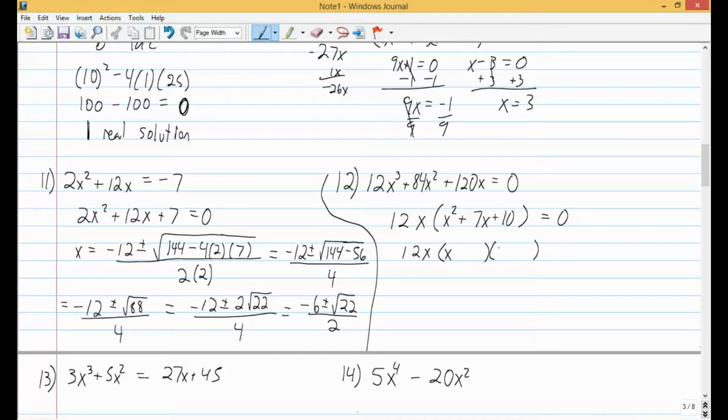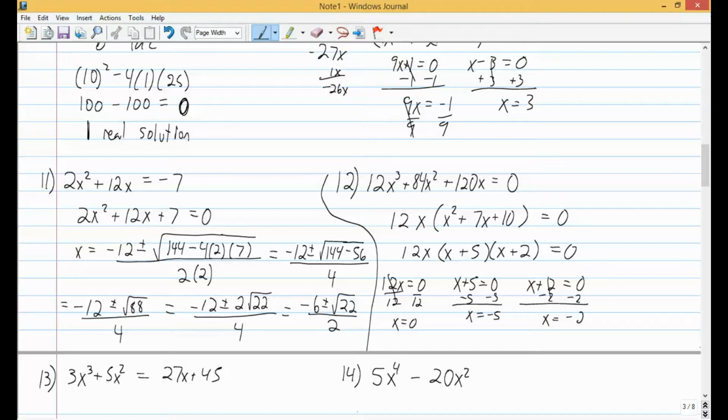That'll factor x plus 5, x plus 2. Now set each factor equal to 0 and solve. So I get x equals 0, x equals negative 5, and x equals negative 2.